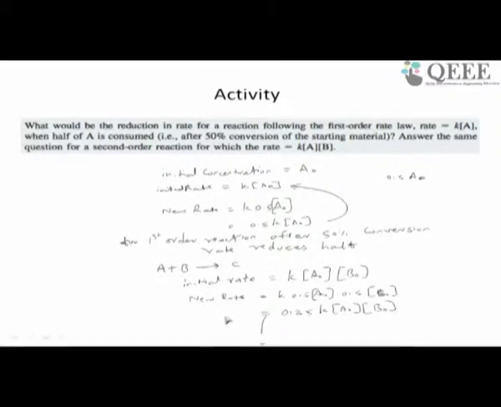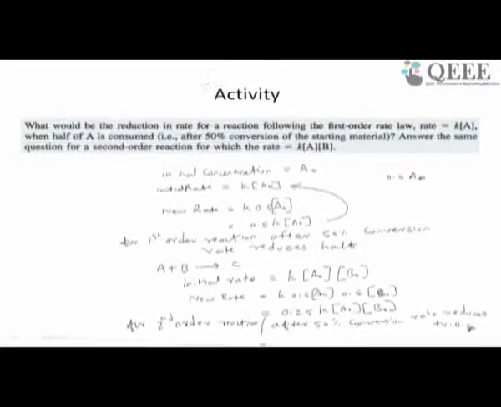So which means that for a second order reaction, after 50% conversion, the rate reduces to 0.25.